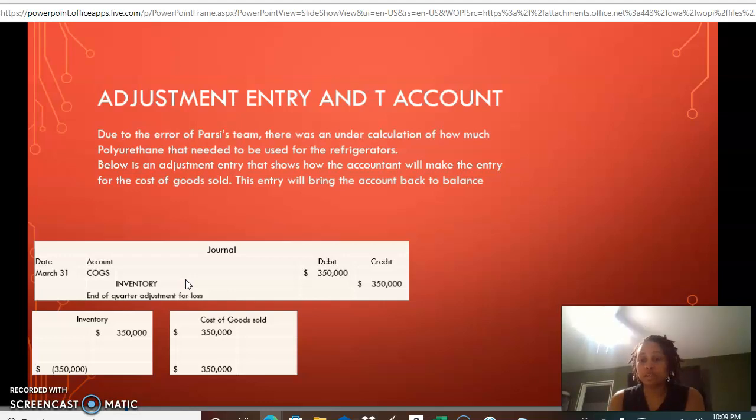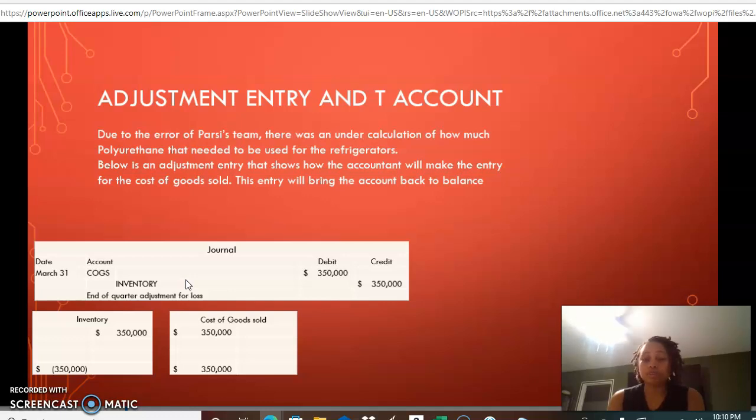So next, let's look at how we make our adjusting entry to make the account balance for Parsi. So again, because of Parsi's team's under calculation of how many pounds of polyurethane would be needed for the refrigerators, this caused an error in when they were counting their inventory.